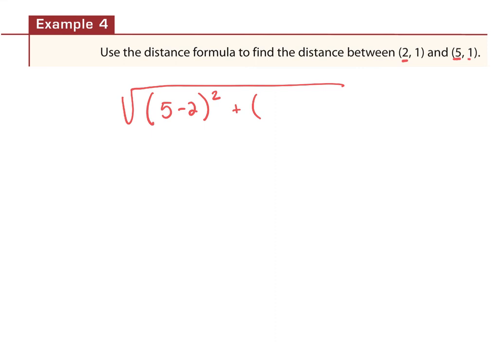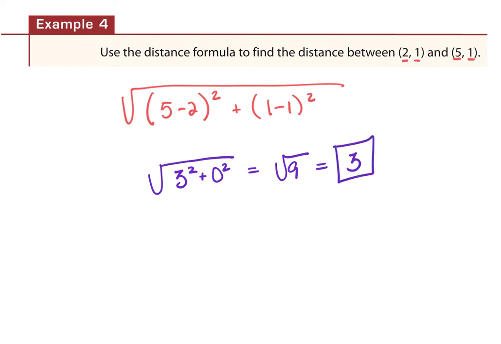Subtract my y's. 1 minus 1. And I need to square it. What is 5 minus 2? 3 squared. What is 1 minus 1? Square root of 9. What is the distance between those two? And that's how I use the distance formula.